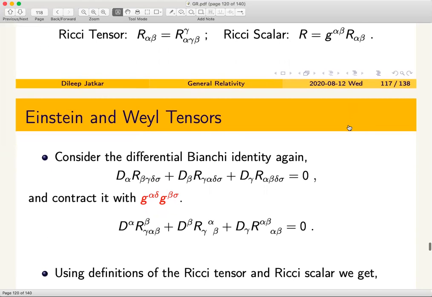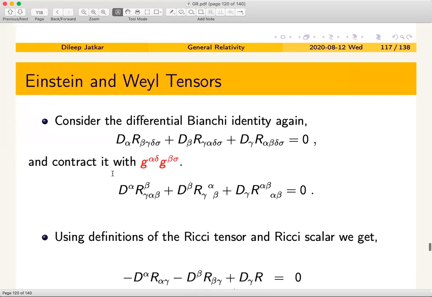We will use the same thing here. The inverse metric will basically raise indices, and you get quantities like d upstairs alpha R beta gamma alpha beta, plus here we would be raising the index delta up.